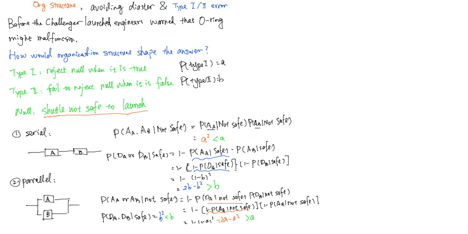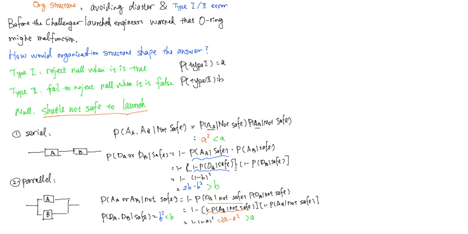So a natural question to ask is which structure the organization should use to avoid disaster. The answer to this question hinges on your evaluation of the cost of type 1 and type 2 error.